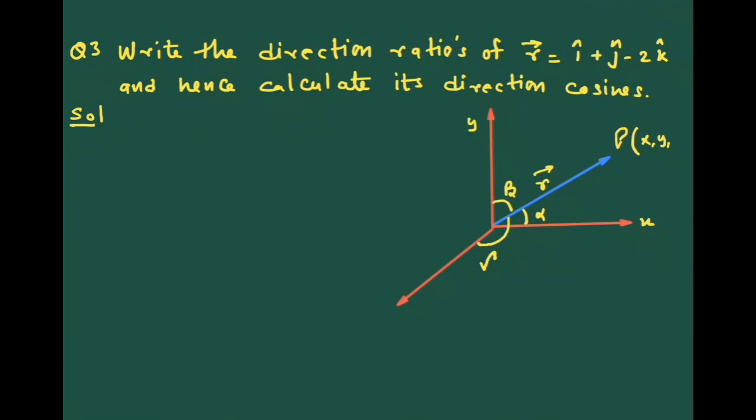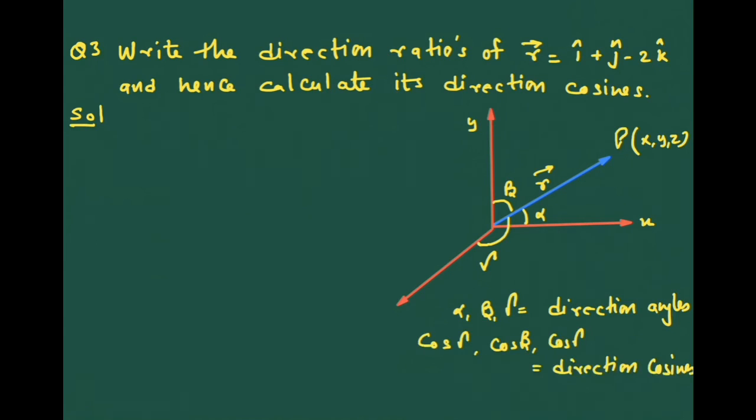Coordinates of point P is x, y, z. Here alpha, beta, gamma are known as direction angles. Cos alpha, cos beta, cos gamma are known as direction cosines. We can use letter L, M or N for direction cosines.